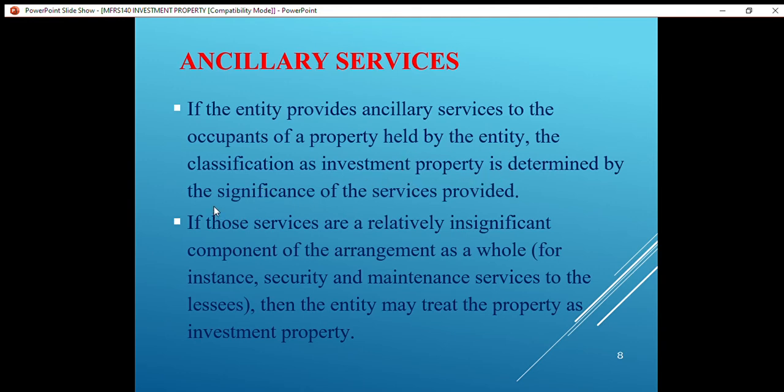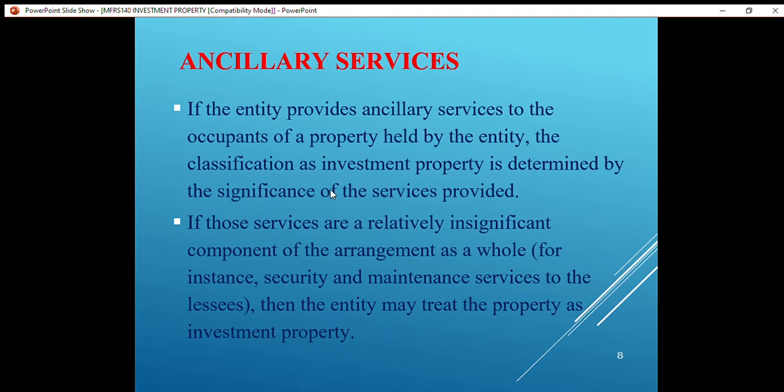If those services are a relatively insignificant component of the arrangement as a whole, for instance, security and maintenance services to the lessee, then the entity may treat the property as investment property.